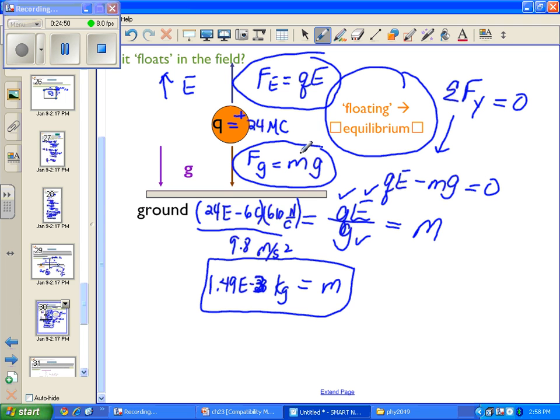If, on the other hand, this charge was less massive than 1.49 e to the minus 3 kilograms, the force of gravity would be too small compared to the electric force, and this charge would be accelerating upward. But when it has this value, based on this condition that we established, it will not accelerate whatsoever.